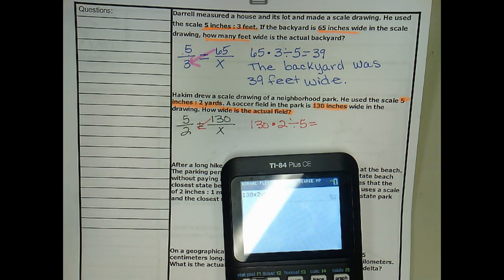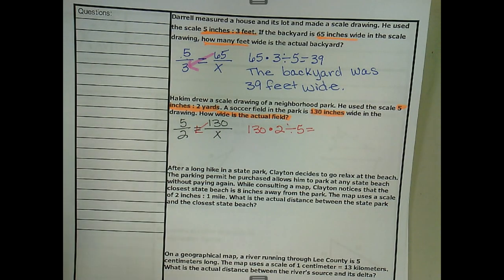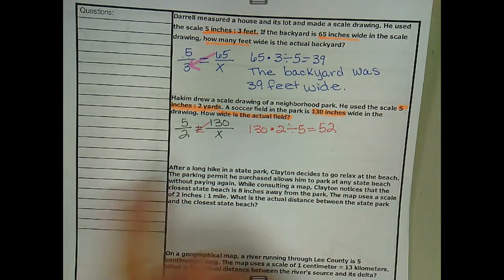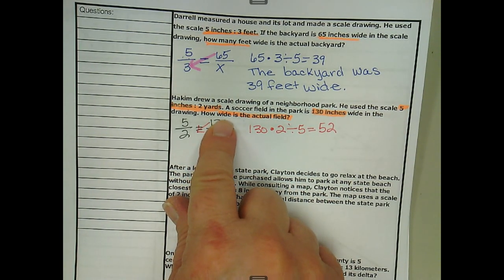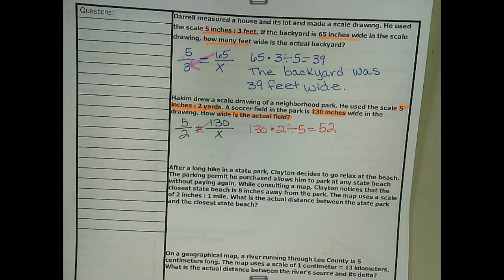If you notice, we can do that all in one step. 52. What does that mean? Well, the actual soccer field is 52 feet wide.